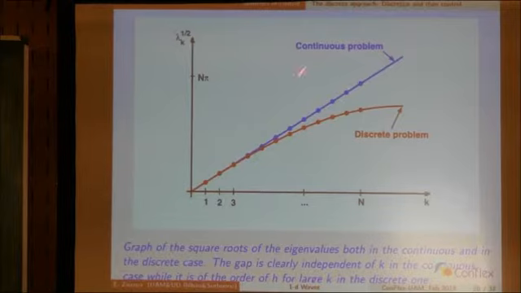So this means that while here the slope of the blue line is constant, here the slope of the red curve is slowing down.